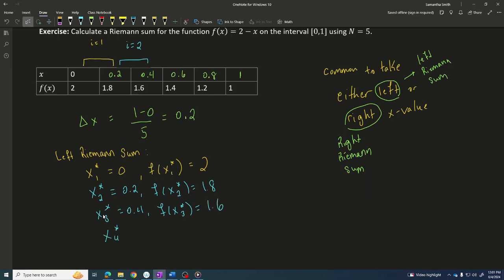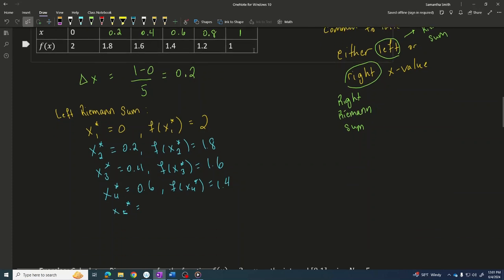A left Riemann sum would have x4 star to be 0.6, and the associated output would be 1.4 according to the table. And then x5 star, the x taken out of the fifth chunk. If I went with a left Riemann sum, I would take the leftmost x out of the fifth chunk, and the leftmost x is given by 0.8.